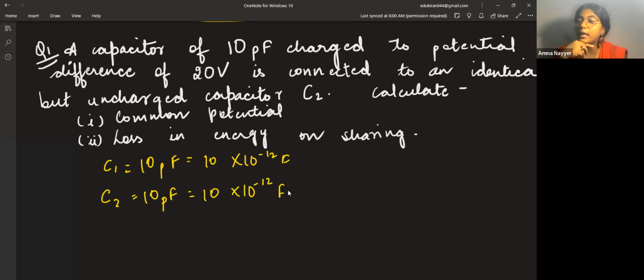Now coming to voltages. V1 is given to you as 20 volt. For V2, we have no information. The way information about C2 was given as identical, you will find that it is uncharged. If it is uncharged, there is no potential on it. So V2 is 0.